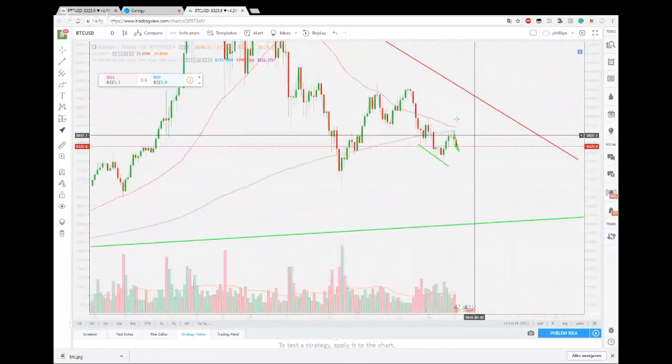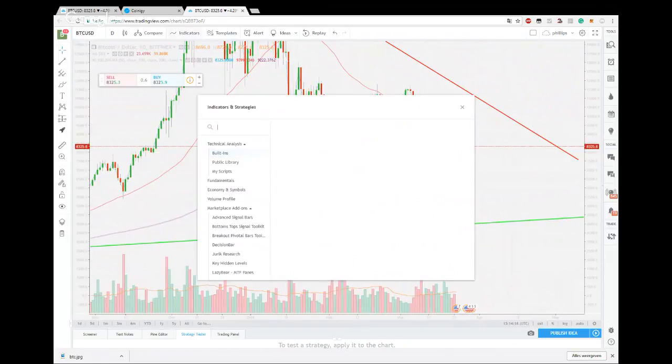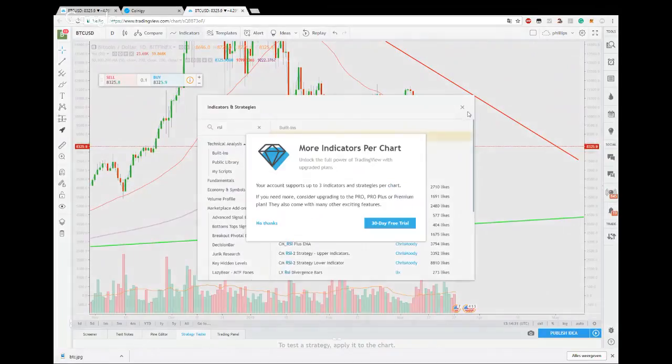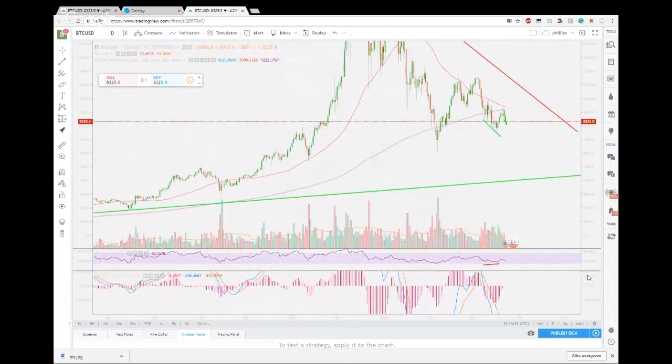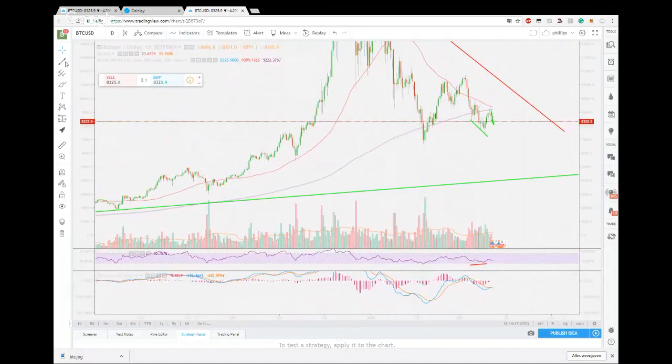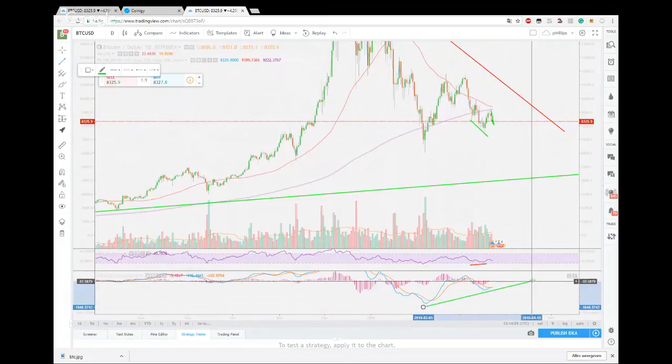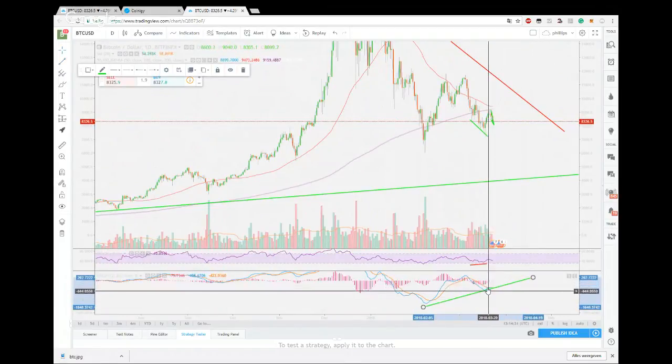You know, we made a higher high here. The MACD made a higher high, so that's good. About to turn bullish here.